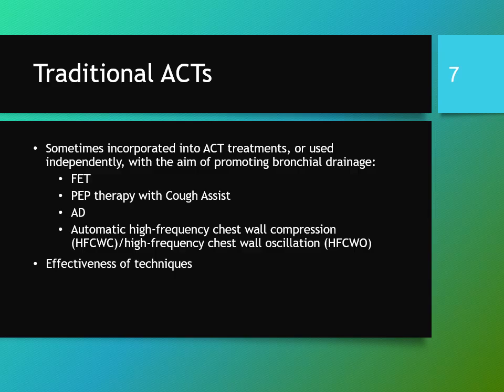There are simple resistors that can be attached to a mask or a mouthpiece, like the flutter valve, the Acapella for oscillating PEP, as well as the Quake and the Arabica, all work really well. It's been shown in CF that having multiple types of therapy helps with patient compliance, especially in adolescent patients.